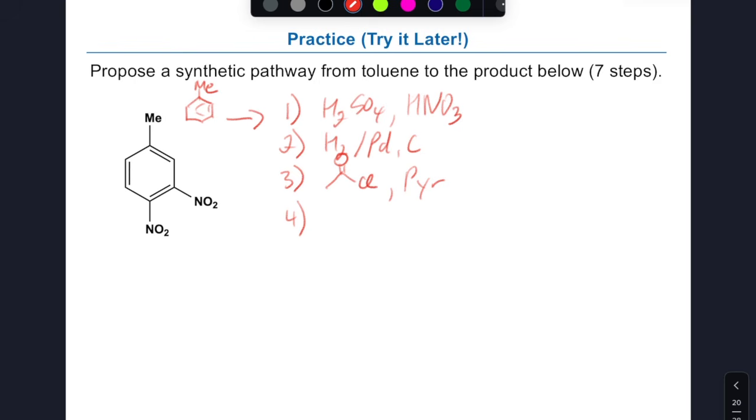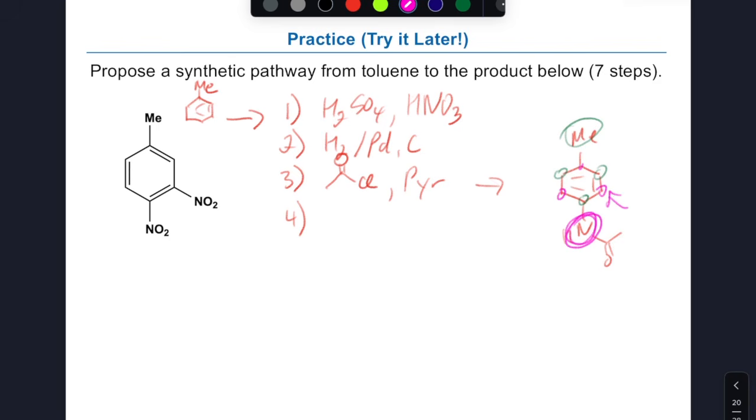So as you've noticed from this one, if you draw this one out, at this step, you're going to have a molecule that looks like this. You have methyl, nitro, which is now this acyl group like this. Now down here, this is going to be ortho-para directing. Up here, this is also ortho-para directing. However, this is a more powerful director. This becomes the likely site that you're going to add to.